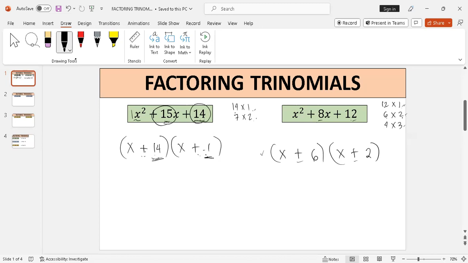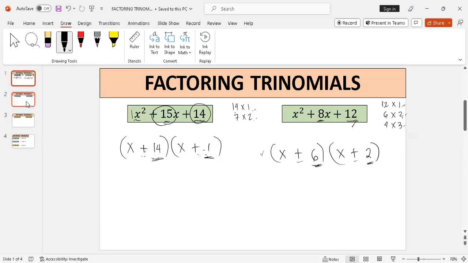Kapag minultiply yung last terms ng factors, dapat ang maging sagot ay yung last term ng trinomial. 6 times 2 is 12. Correct. And kapag pinag-add yung last terms ng binomial, dapat ang maging sagot ay yung middle term. 6 plus 2 is 8. So, these factors are correct.